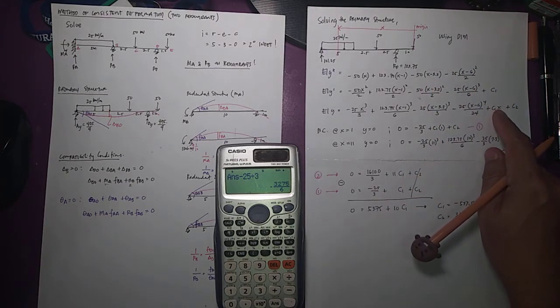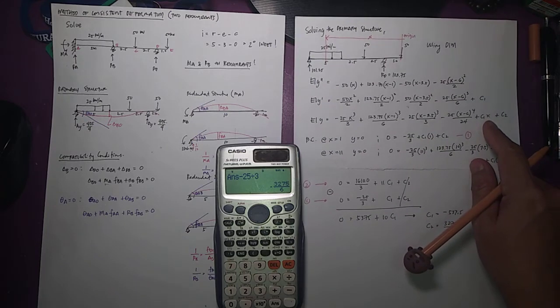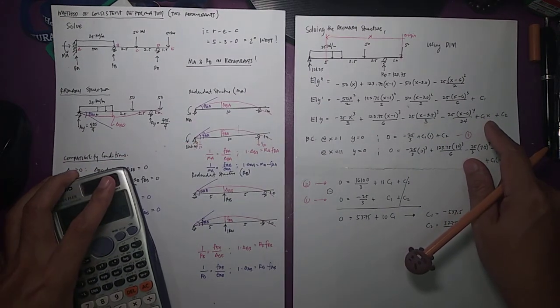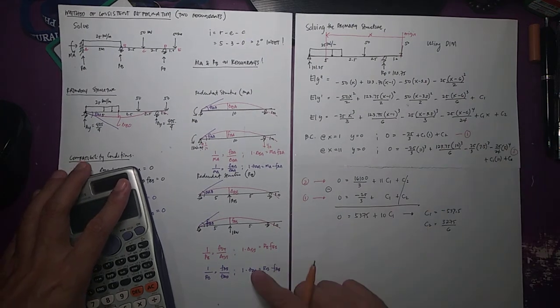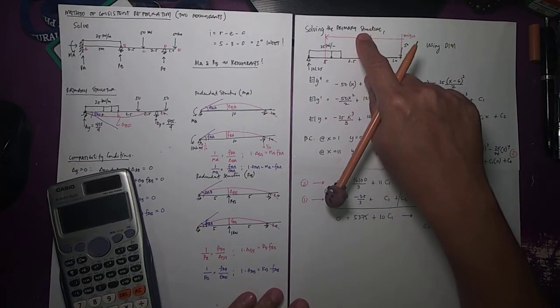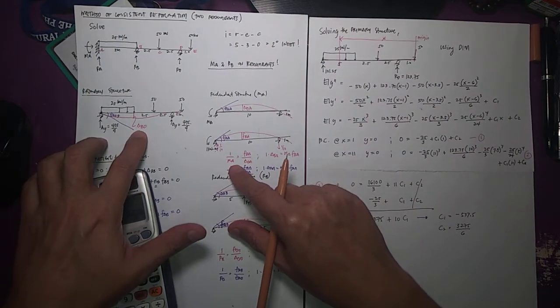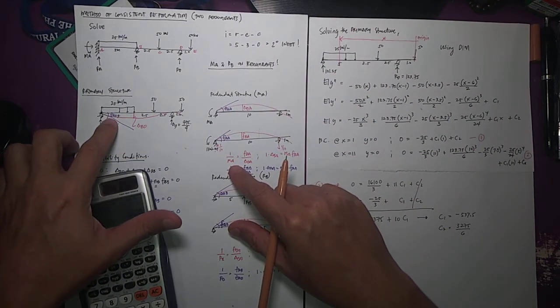Now with C1 and C2, substitute them in these equations, and it would give us the particular equations. Now our objective for this primary structure is to solve for delta BO and theta AO.